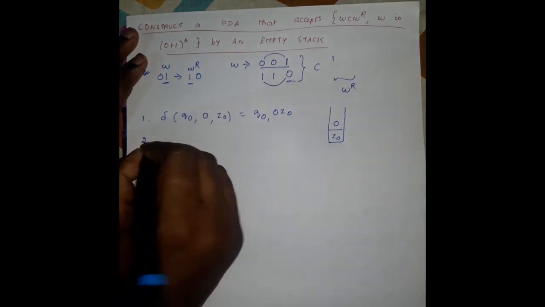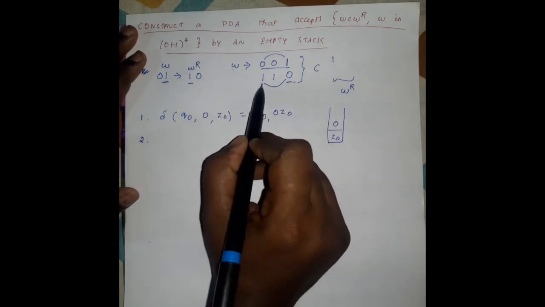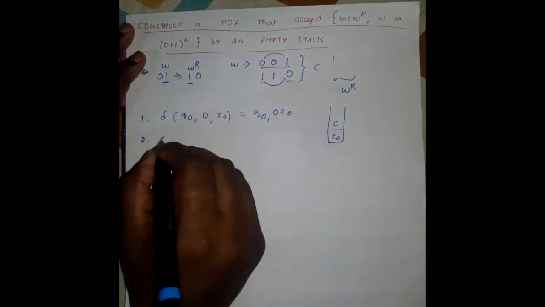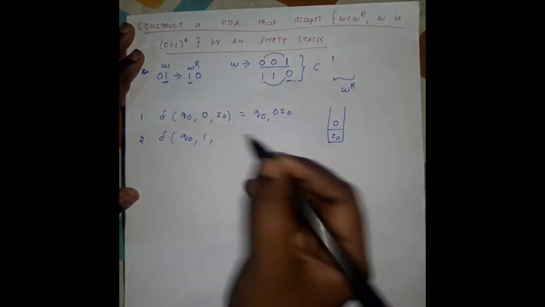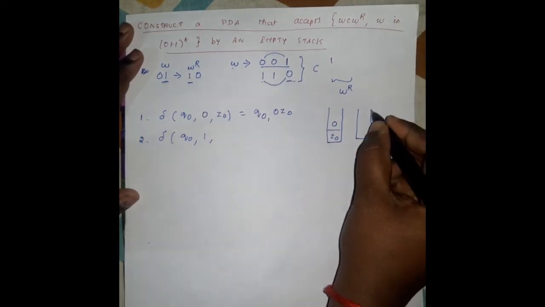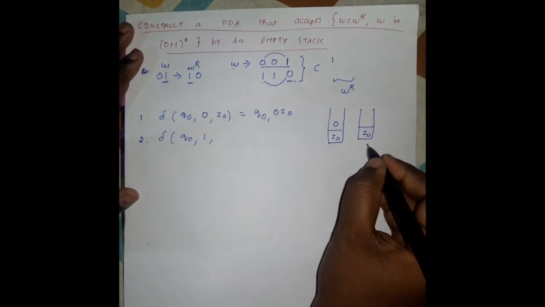In the second case, the string starts with 1. So delta of the current state q naught, the current input symbol 1, and the stack element z naught. This is another possible case.